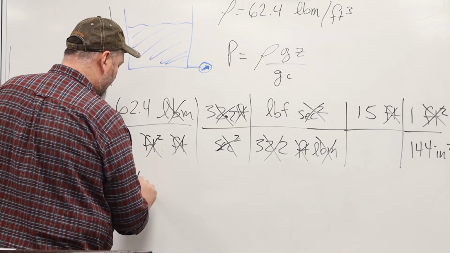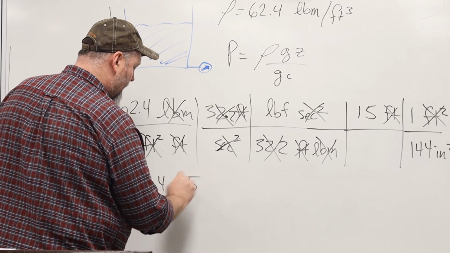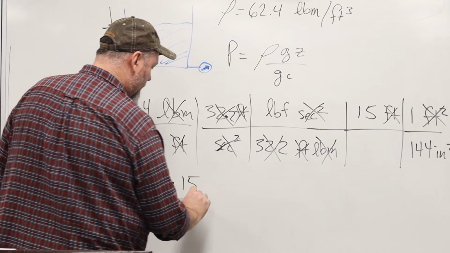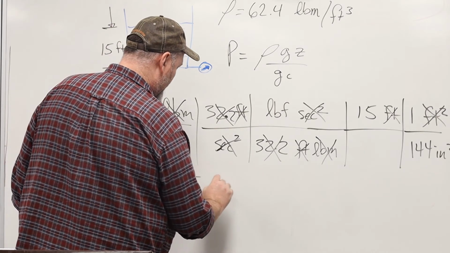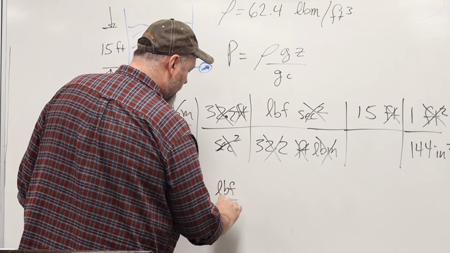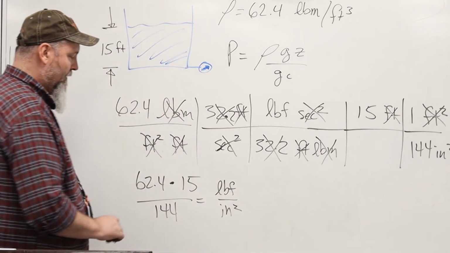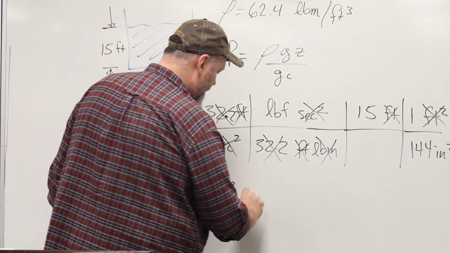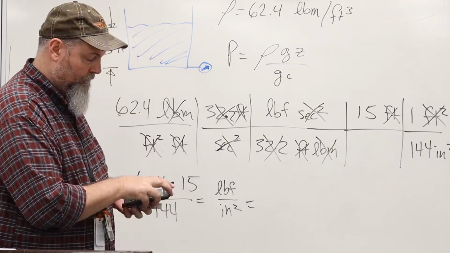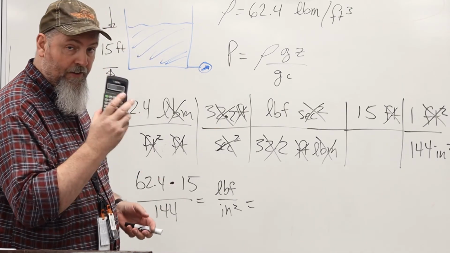So 62.4 times 15 over 144 equals 6.5 pounds force per inches squared.